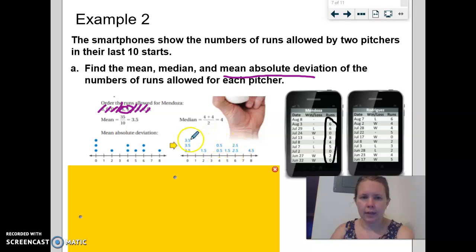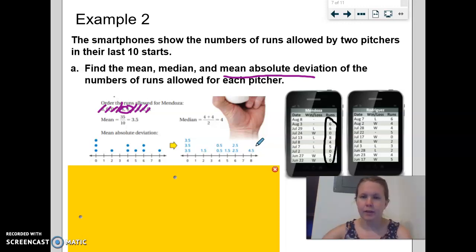Next step is you're going to take every single one of these numbers and add them together. So 3.5 plus 3.5 plus 3.5. Go ahead and follow along, add it in your calculator right now. I might stop and do it as well. Let's see if we get the same answer that I did. Plus 3.5 plus 1.5 plus 0.5, 1.5 plus 2.5 plus 2.5 plus 4.5.